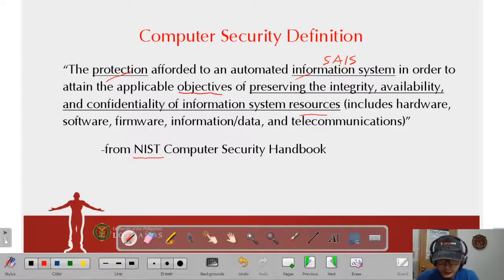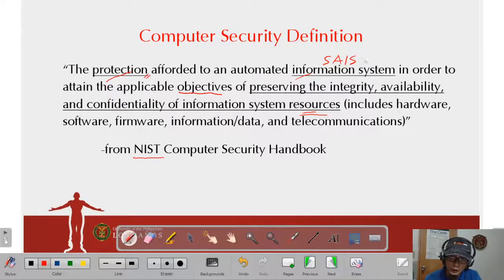If you are the UP administration, and you are providing this information system SAIS, you would like to provide protection to the resources used by SAIS.